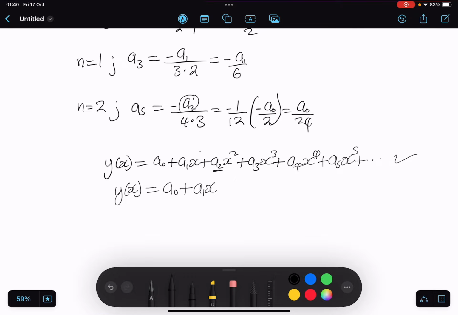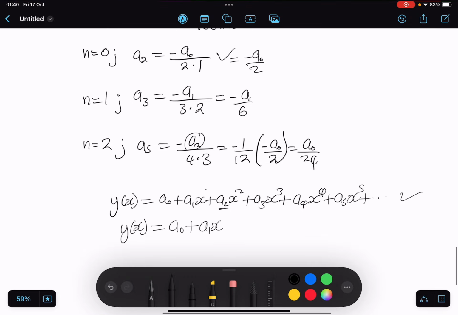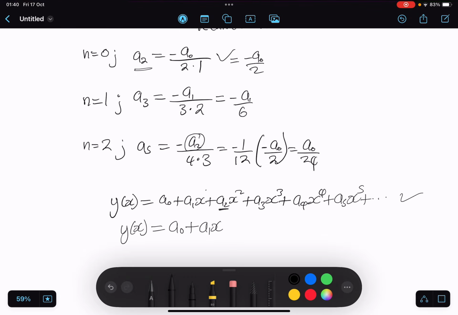So now a2, what is a2? A2 is equal to minus a naught over 2. So this is minus a naught over 2 x squared. And what is a3?